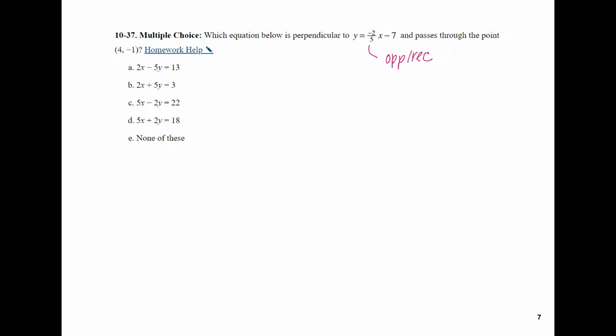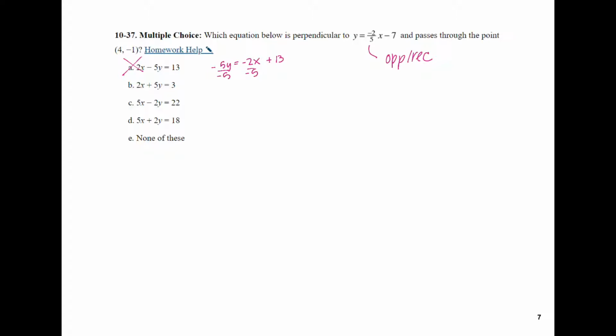So the first thing that you could do is solve all of these equations for y by using the inverse. Divide by -5 gives us a positive 2/5. They're inverses of each other, but not opposite.